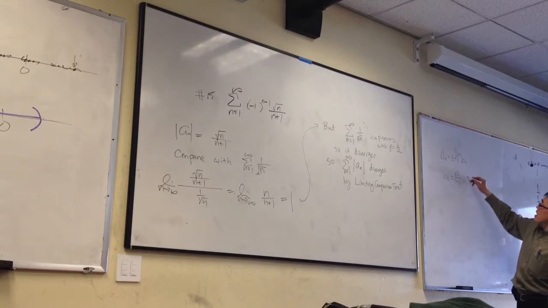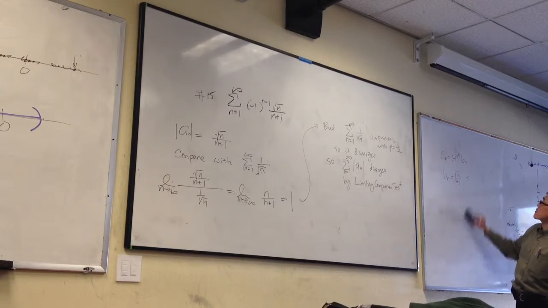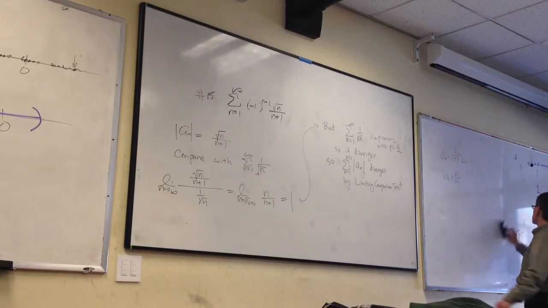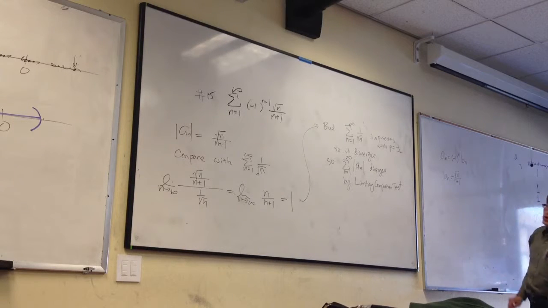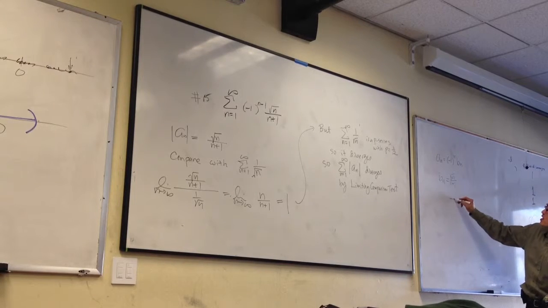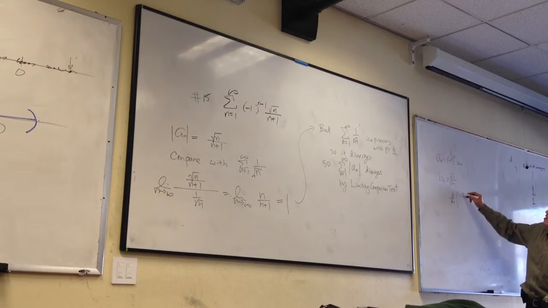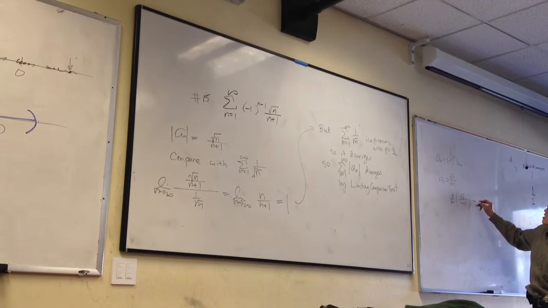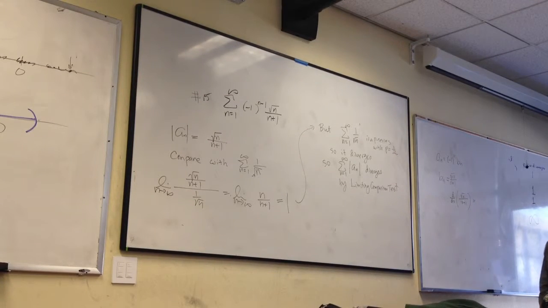Would you agree that this guy is decreasing? How do you show that it drops? How do you show that it drops? Derivative. Now you take the derivative, okay? So, do you still remember logarithmic derivative?